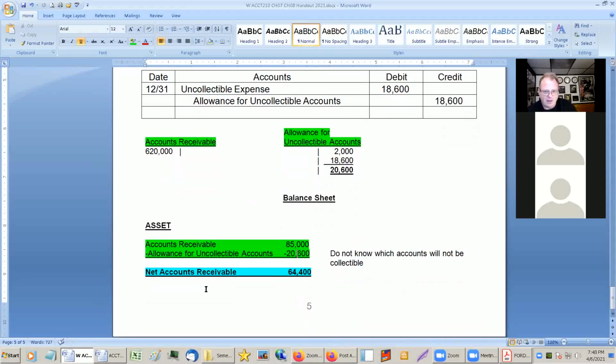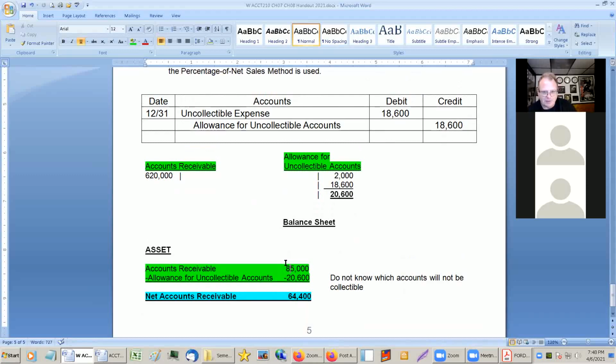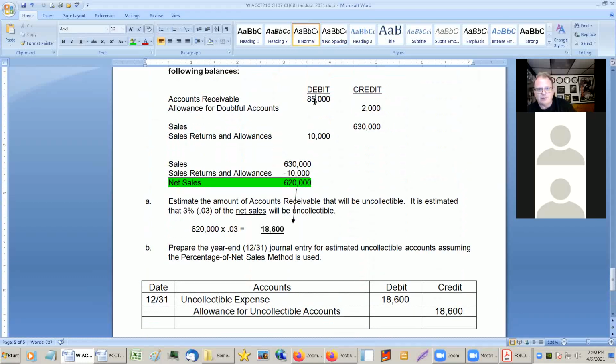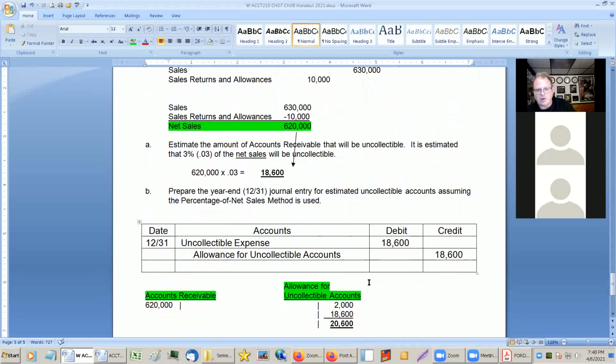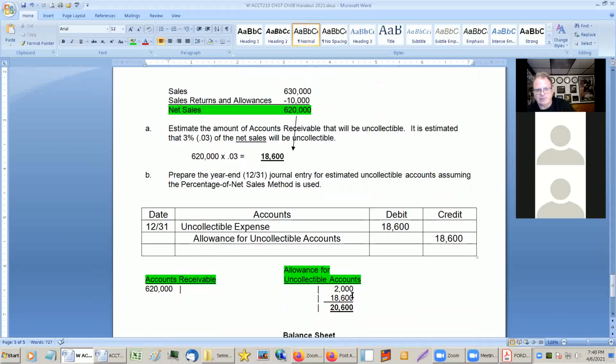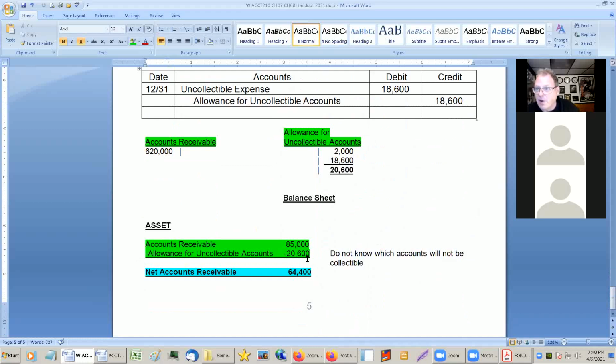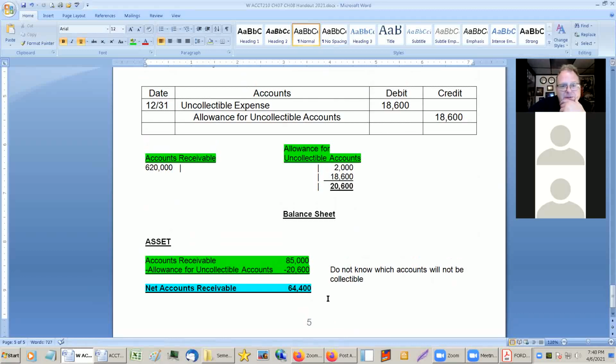I'll send out a correction for the class, because 85,000 is the accounts receivable. 2,000 credits, so that's in there. Yeah, stupid mistake. Stupid mistake twice. Thank you for letting me know that. No problem. I'll do it right now.